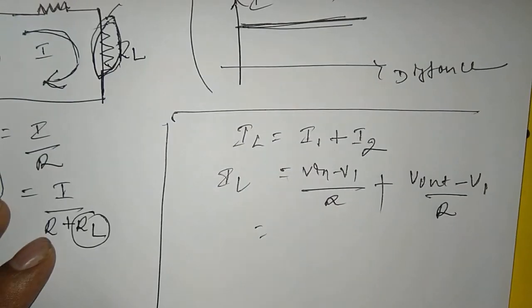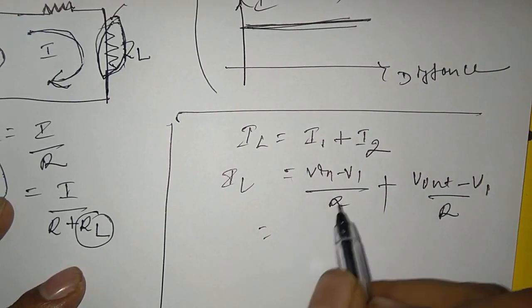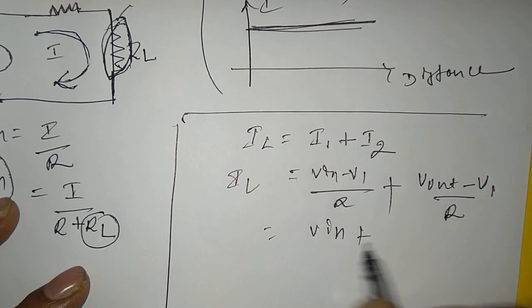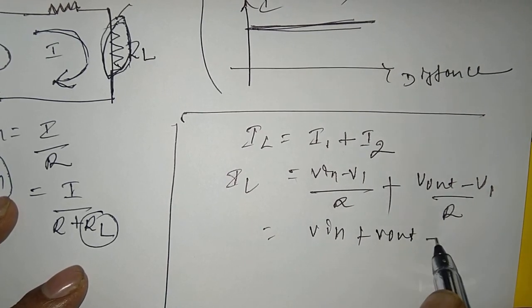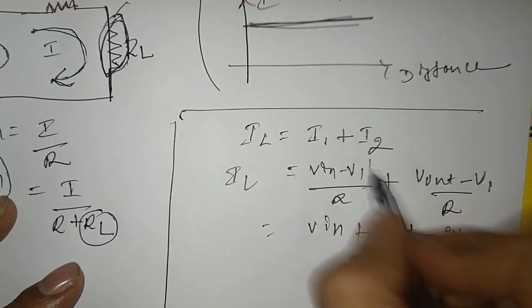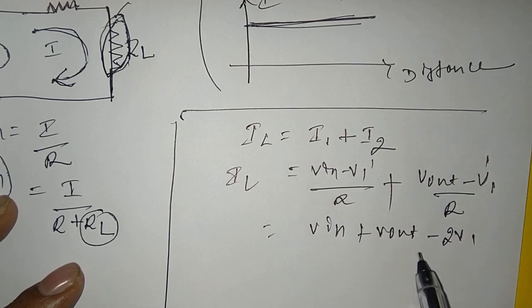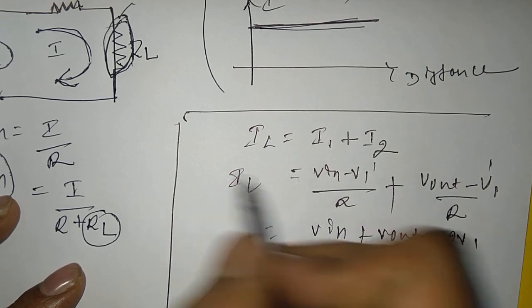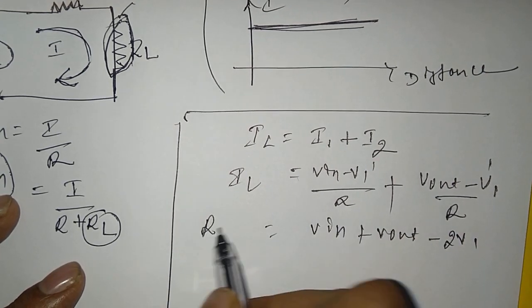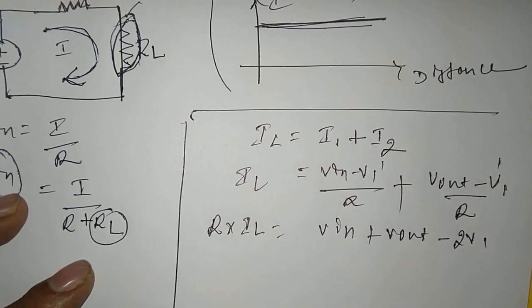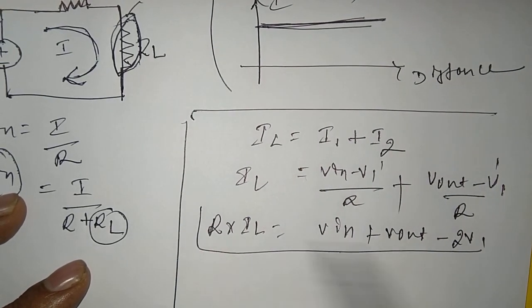If I simplify this equation, taking the LCM, V in plus V out minus 2 times V1 is equal to R into IL. Is it okay?